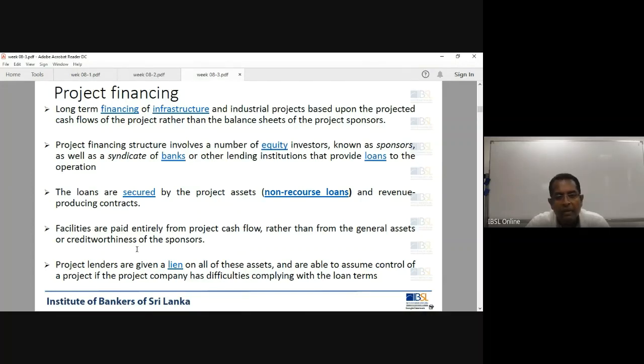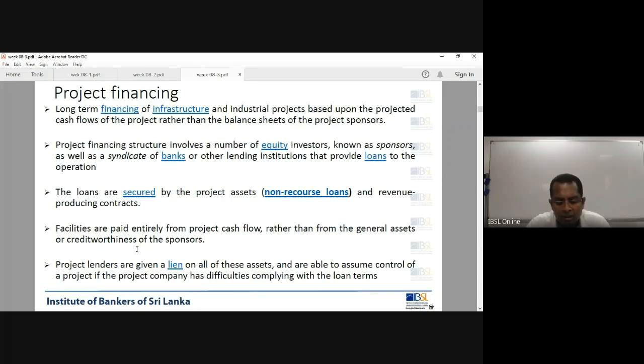Cash flow-based financing is twofold again. Known short-term cash flow is working capital financing, like backed by a post-dated check or invoice. Then we know the amount and we know the period when we will get the money. But here under project financing, it is financing based on projected cash flows.